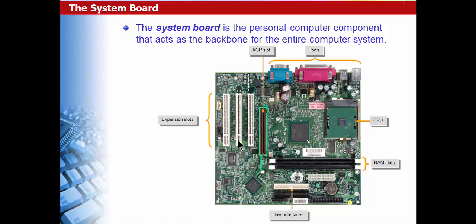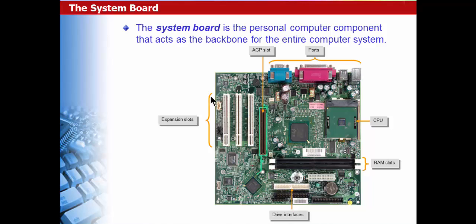On this motherboard, all the basic devices like the processor and RAM slots are present, as shown in this diagram. The RAM sticks are inserted into these RAM slots, and there are also interfaces to connect various disk drives, such as SATA or IDE ports. We also have an AGP slot here, and various ports to connect external devices, like USB ports, a VGA display port, and a LAN port to connect to the internet.